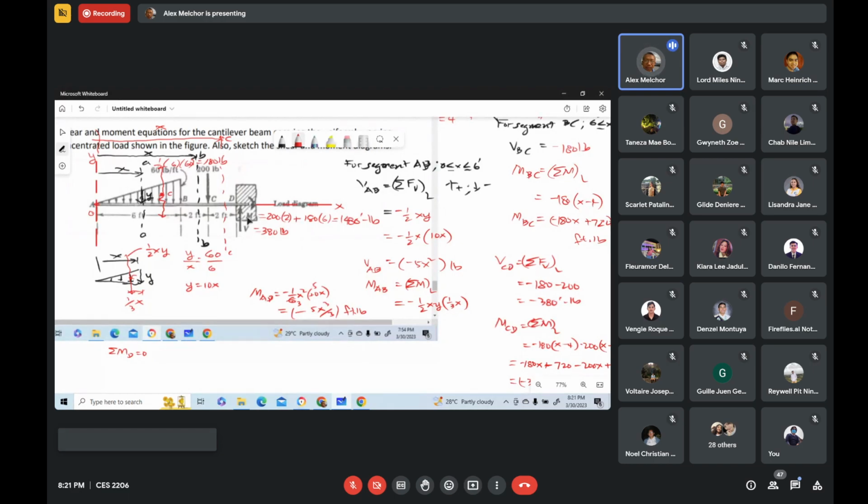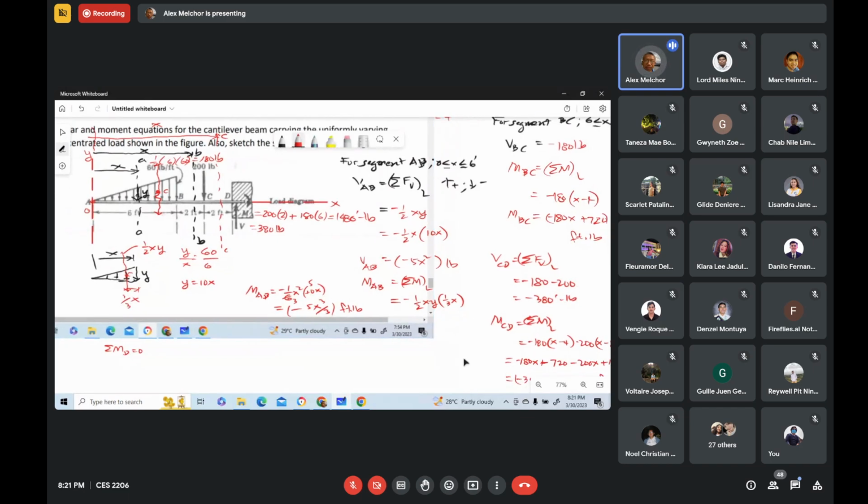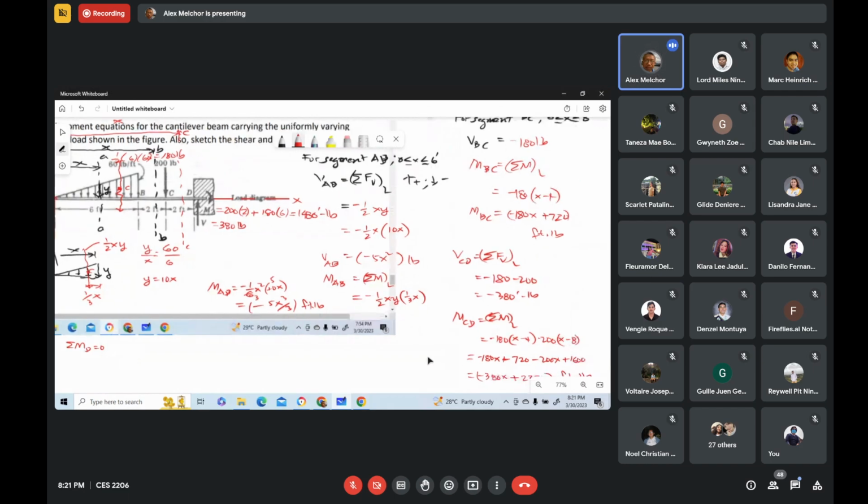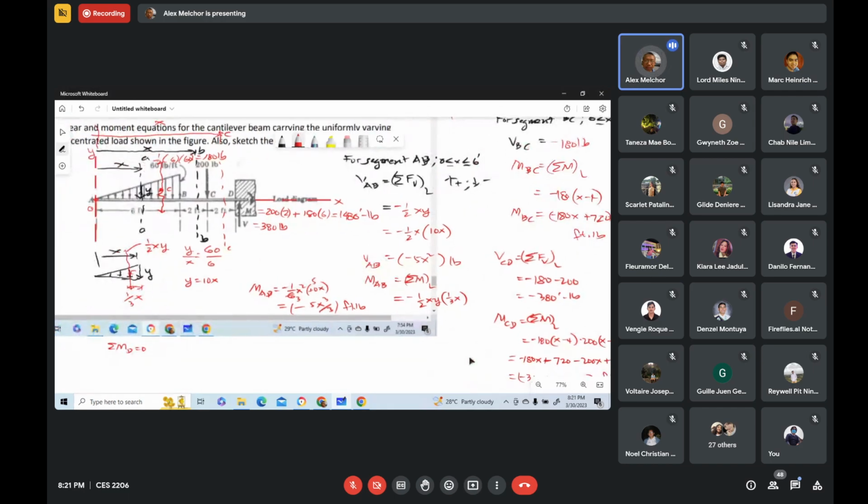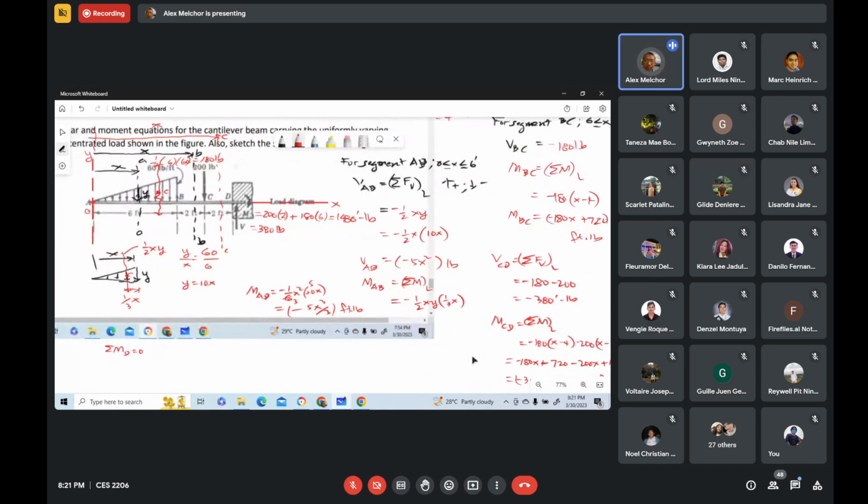So this is to find the moment at D by using static equation, and this is the shear when we sum up forces vertical equal to 0. Okay, so these are now the shear and moment equations, and then you do the same procedure.